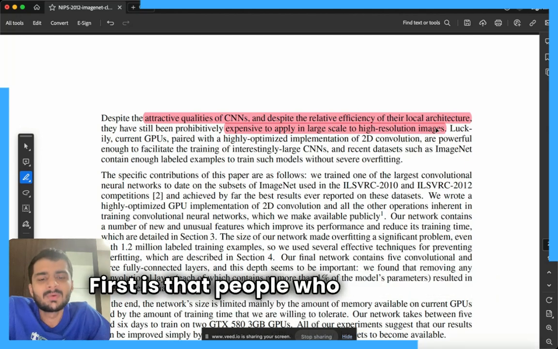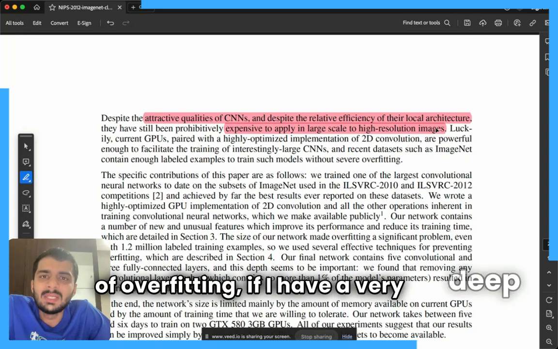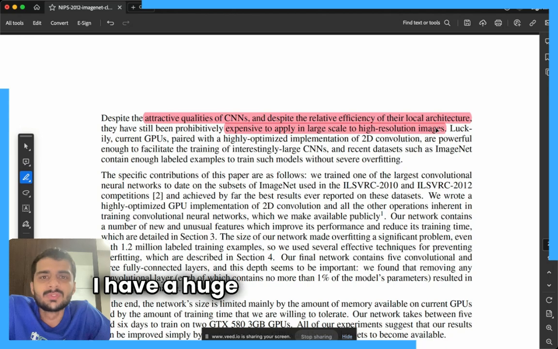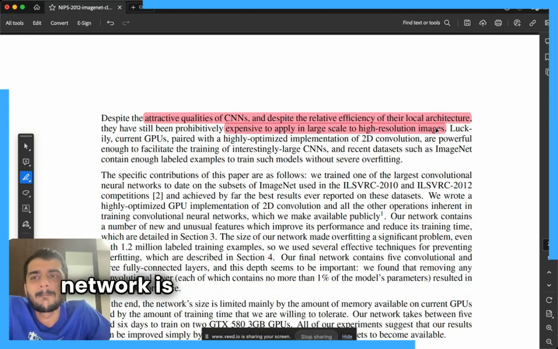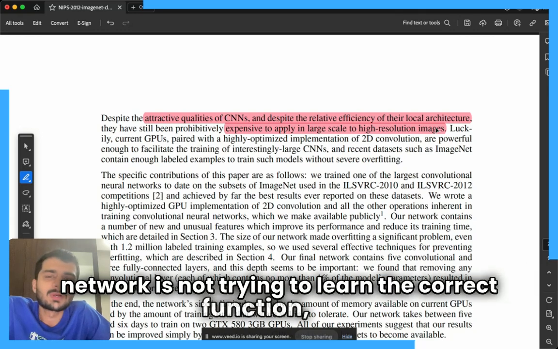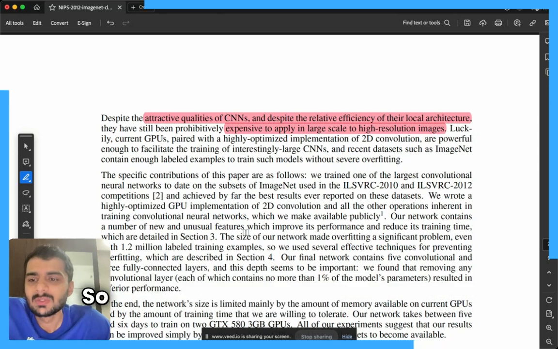First is that people were worried about the problem of overfitting. If I have a very deep network, a huge network, it shouldn't happen that the network is not trying to learn the correct function but simply trying to pass through all the data points.